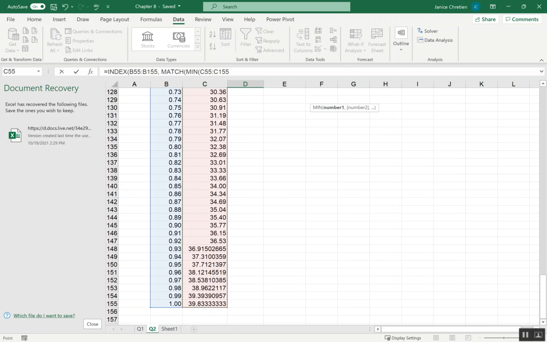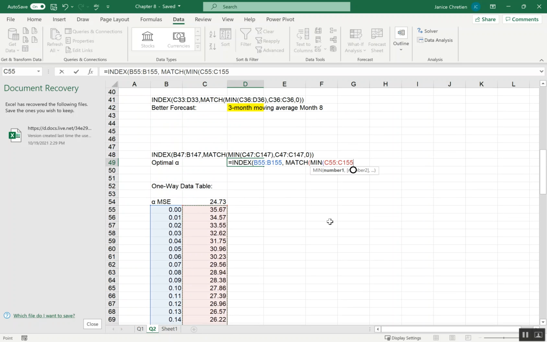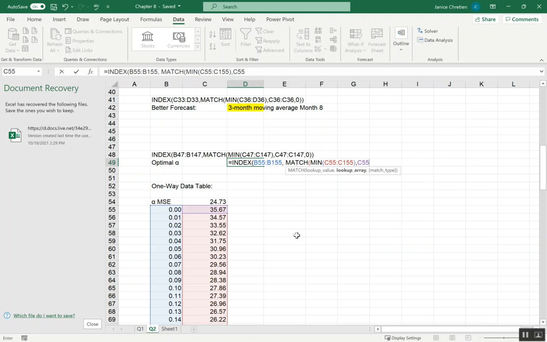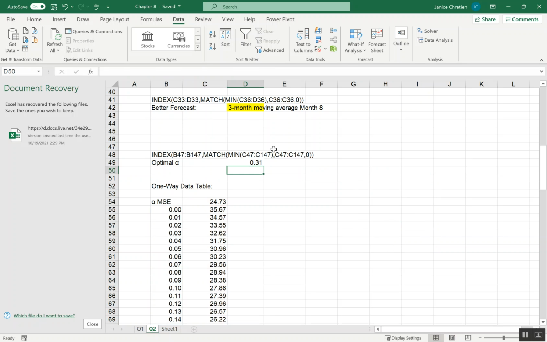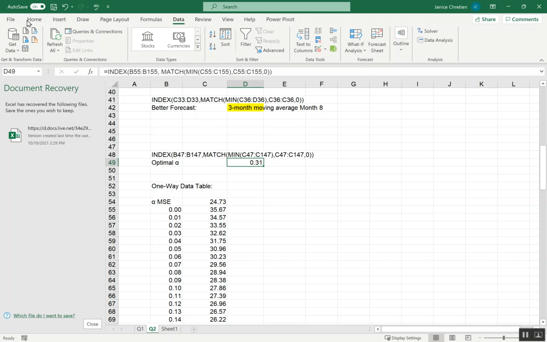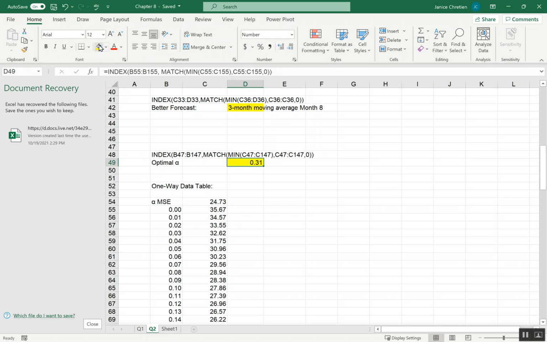So we're just dealing with these 100 numbers. Close that, comma, and now I'm just going to type it instead of going through it again. C, it'll match 55 to C155, comma, 0, and it wants 2 decimals, so my answer is 0.31.